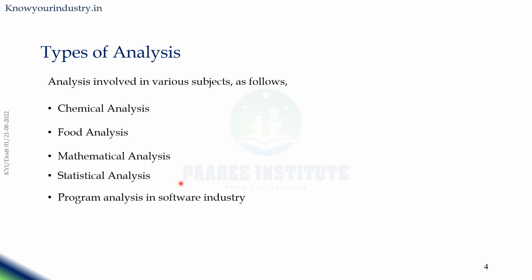It can be a chemical, a food, a program, data which is analyzed through statistical tools, or a mathematical problem which we analyze in order to deliver something. So analysis is a terminology commonly used in various industries and academic sectors for the purpose of delivering something or the other. But our topic is more aligned with chemical analysis.